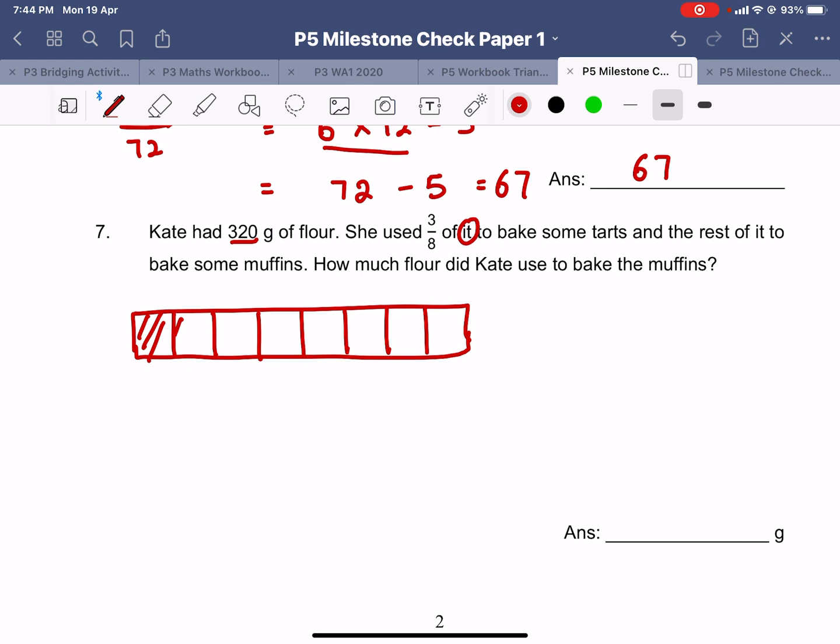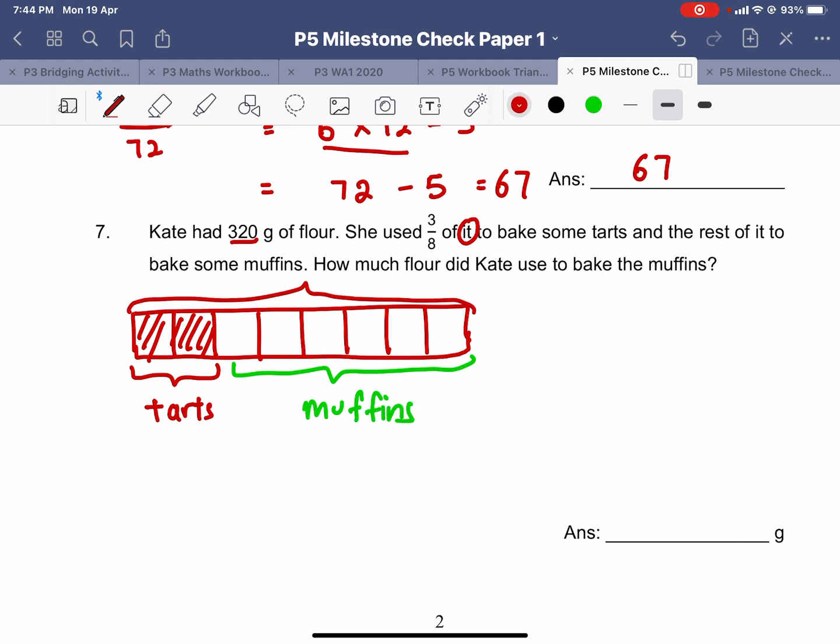Now the 3/8 of it was actually used to bake some tarts. And the rest of it was actually used for muffins. Now the question would be, since the total is 320, right? They ask how much flour is used to bake the muffin, which is a question mark here.